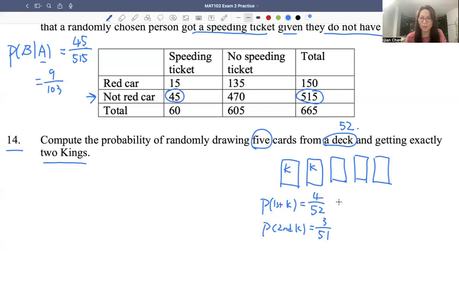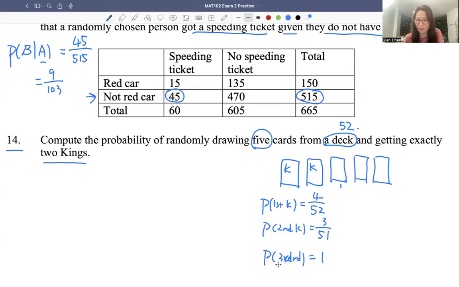Then the rest of the 3 doesn't matter. The rest of the 3 we just choose, any 3 cards. We get 5 cards, but we only care about 2 kings, so the rest of the 3 can be anything. The third card could be anything.